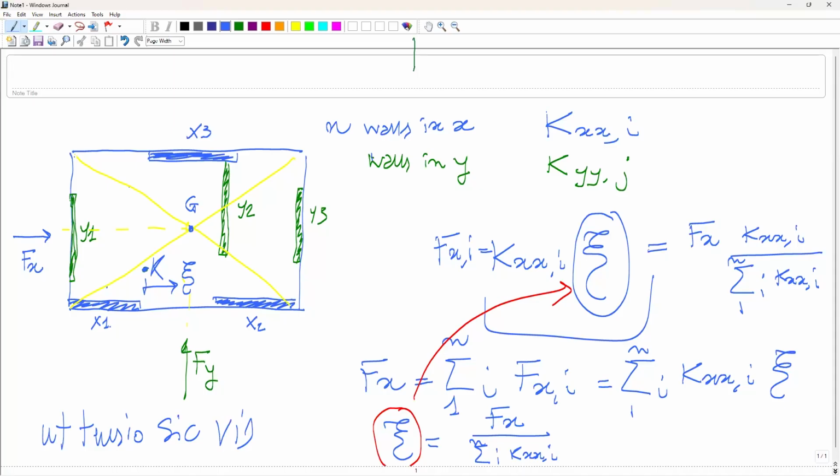Vis in Latin is the force. Tensio is the elongation. And he said the elongation goes as the force. So there is a proportionality ratio.